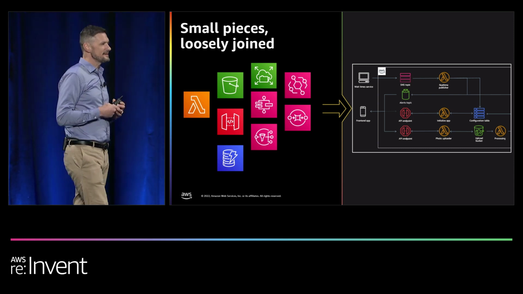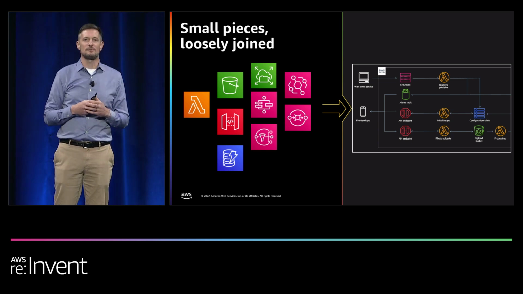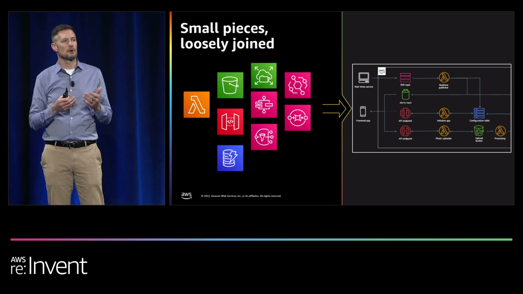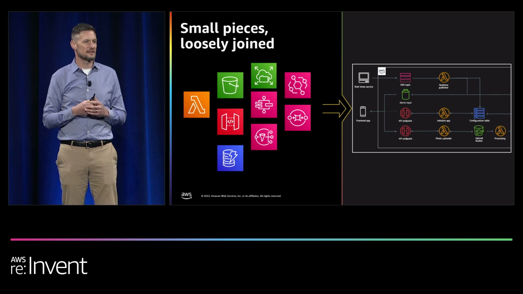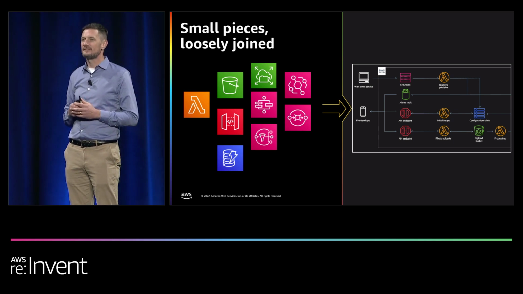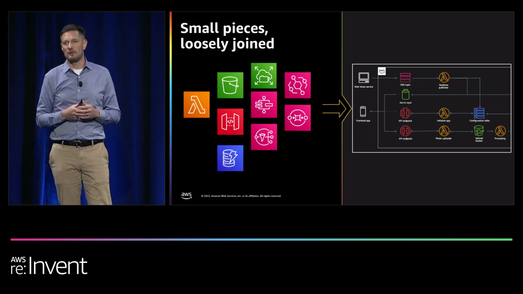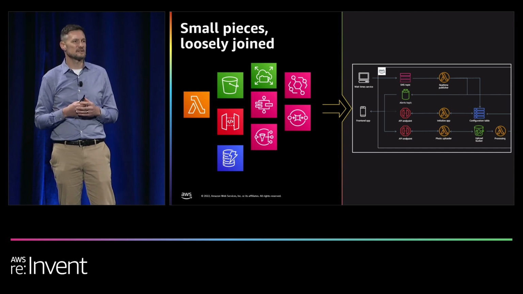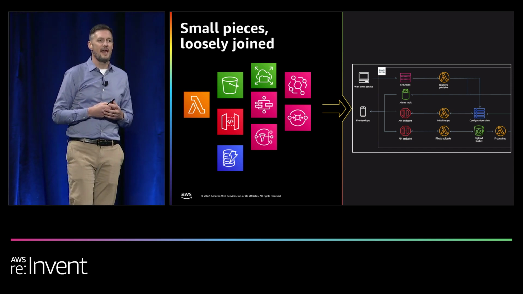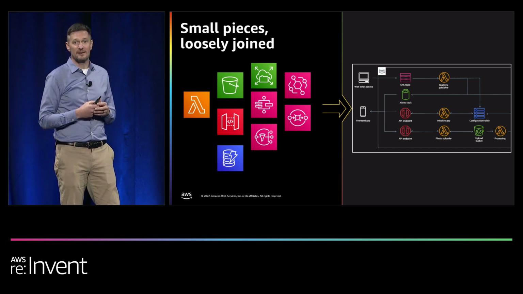And as time has progressed, many customers have shifted from that monolithic approach to a more distributed architecture, where now microservices are becoming the norm. And we start to see smaller units of compute and network and storage all interwoven together and loosely coupled with different services that allow them to communicate and offer greater flexibility and scale.